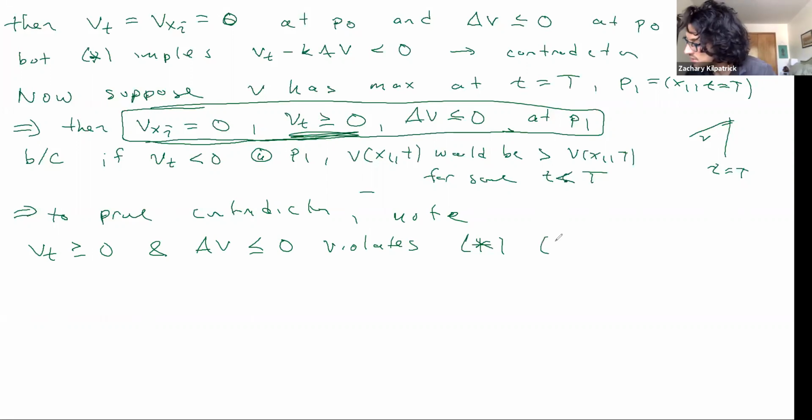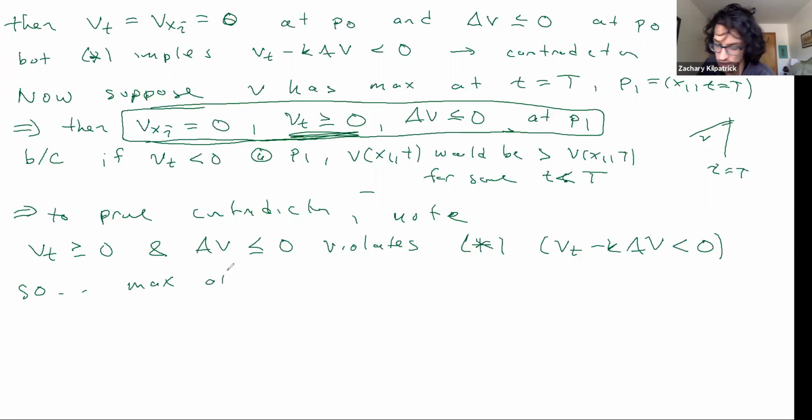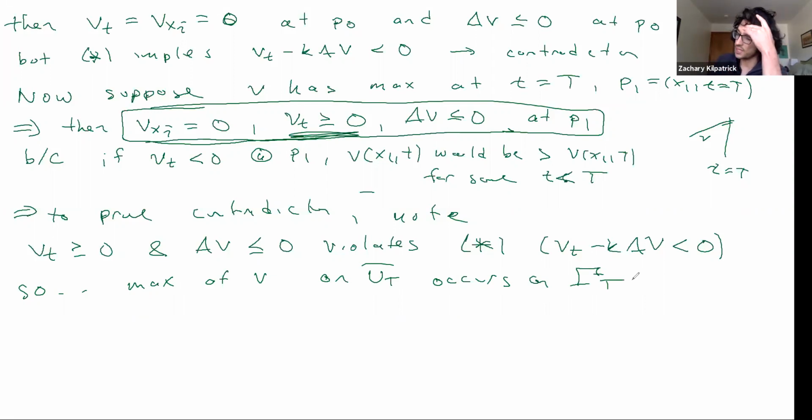Which implies that v sub t minus k Laplacian of v is less than 0. Okay. So the max of V on U sub t's closure occurs on gamma t. Okay, sorry, I skipped that middle part.